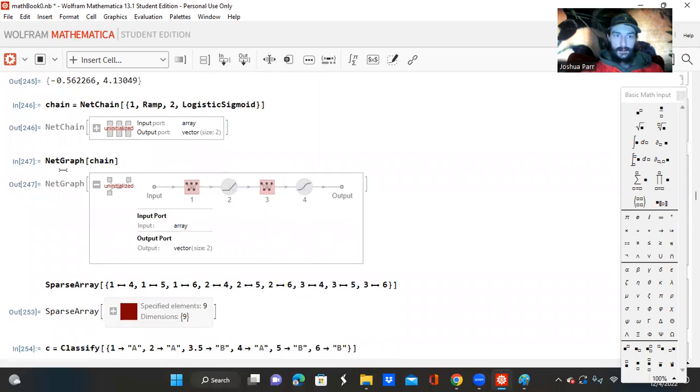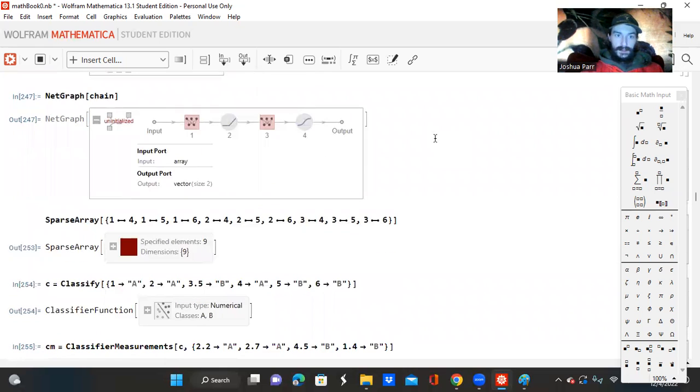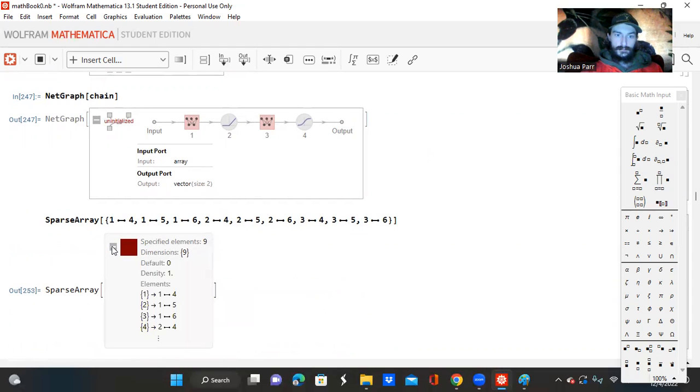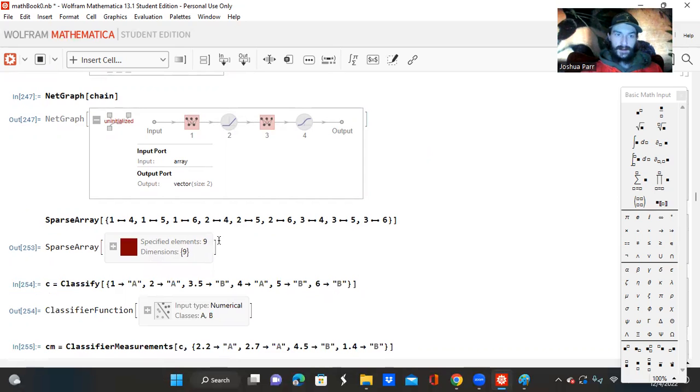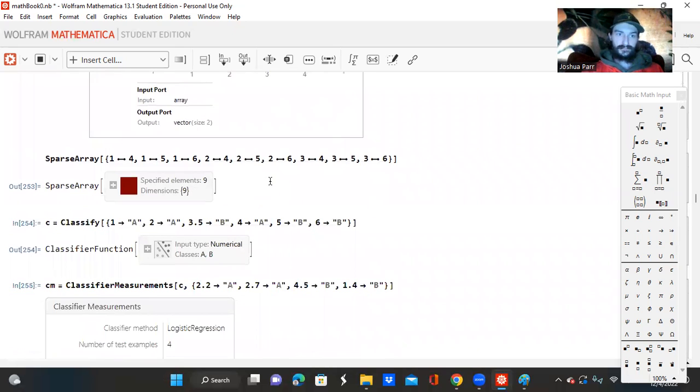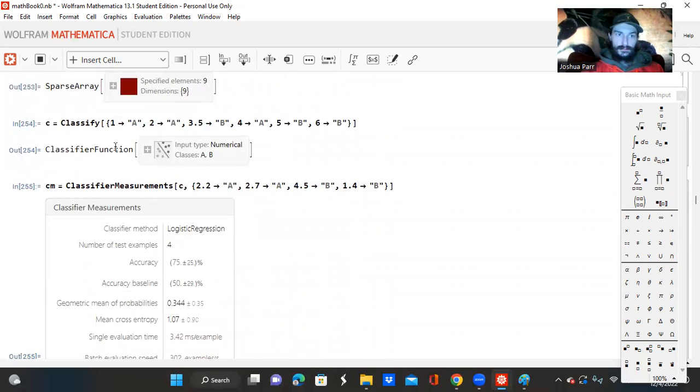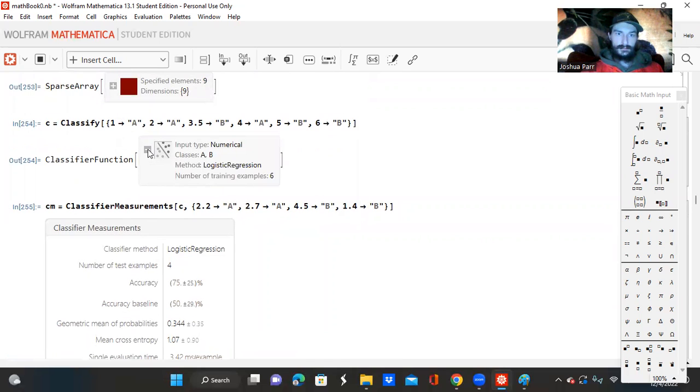And now I'm creating net graph of the chain I just created. And it looks a little something like this. Now I'm creating a sparse array with various connectivities. Now I'm creating a classifier function for logistic regression.